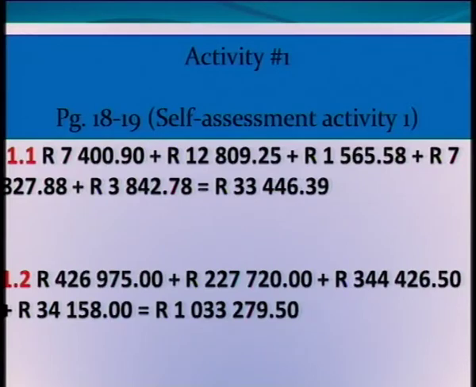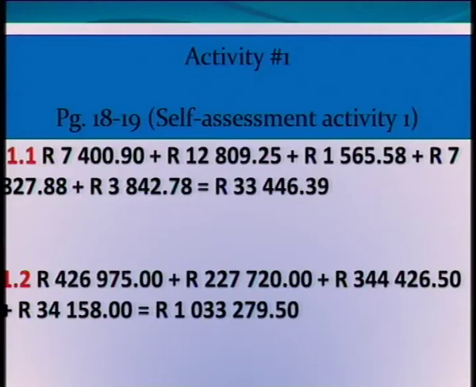Current assets, as per your book, let's just look through them. Your first one is your bank, made up of 7,400.90. We also add together the debtors control, which is 12,809.25. You add your petty cash, which is also part of your current assets, of 1,565.58.